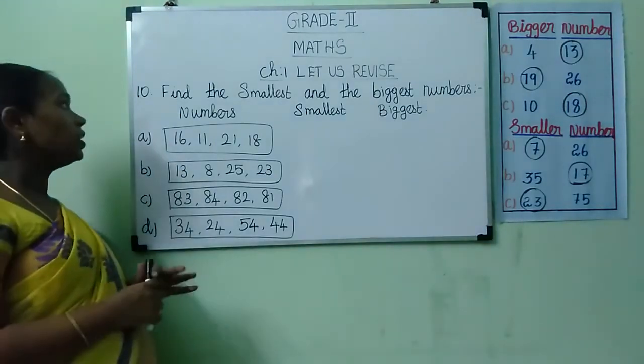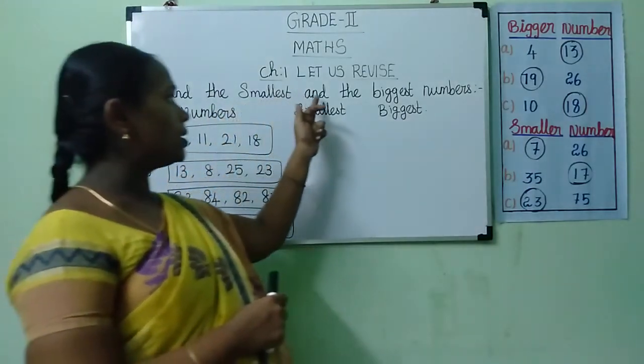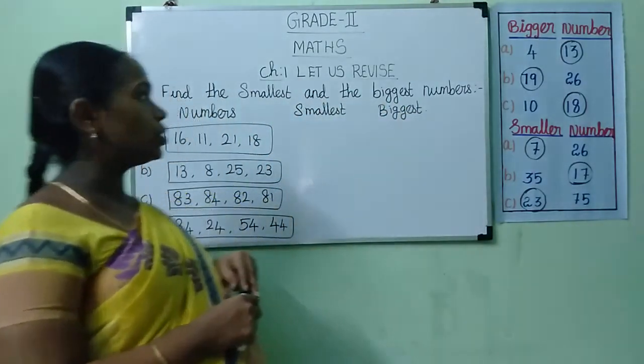Next, 10th one: find the smallest and the biggest numbers. What is this?